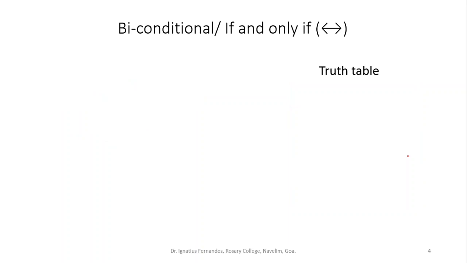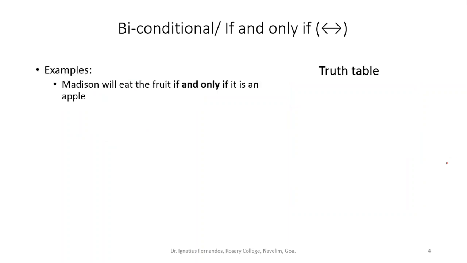The other connective that we talked about is biconditional, if and only if. Suppose I have a statement, Madhuri will eat the fruit if and only if it is an apple. So there is this if and only if connective here. There is one statement, that is P, Madhuri will eat the fruit, and the other statement Q is it is an apple.